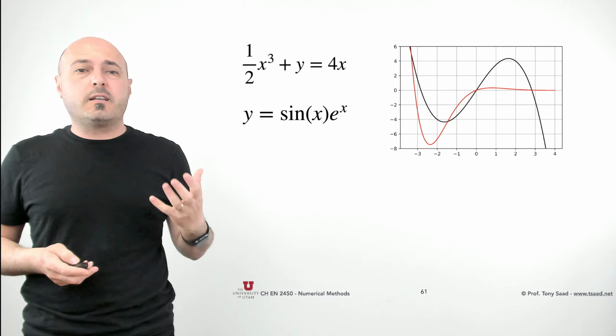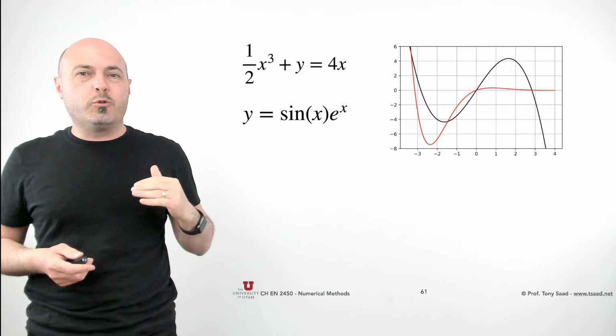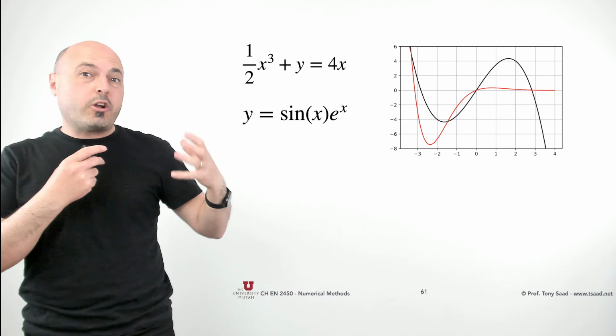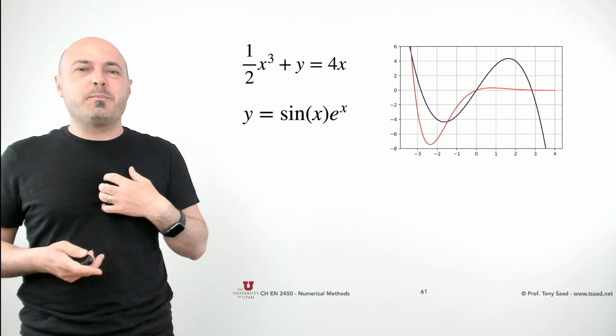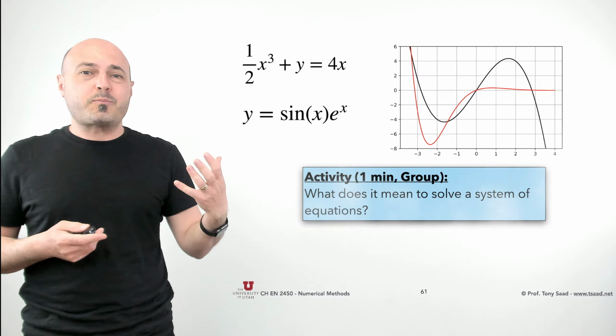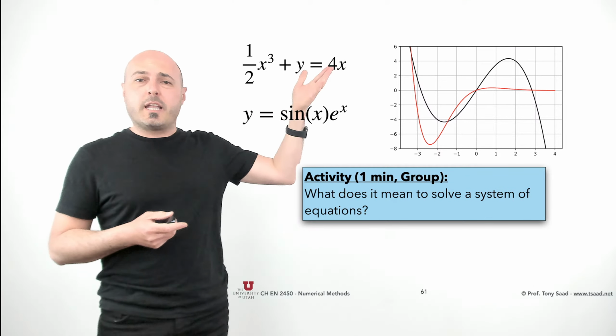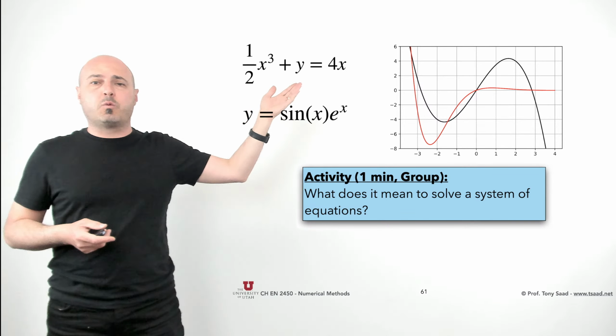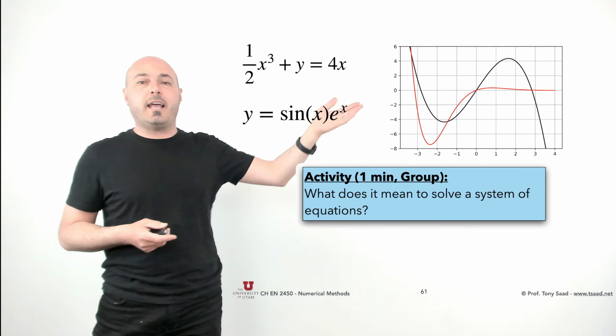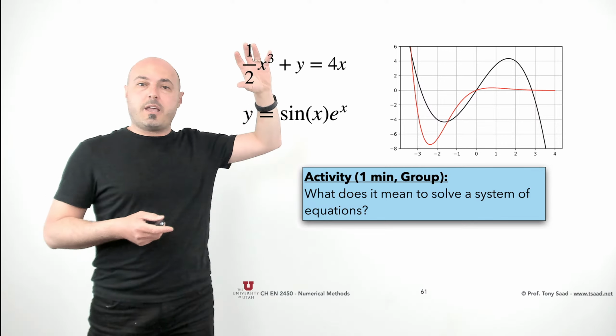Now what does it mean when you have two equations that are coupled to each other, but they are nonlinear? What does it mean to solve the system? Take these two equations, for example: 1/2 x cubed plus y equals 4x, and y equals sine x e to the x. Clearly, they are coupled to each other.